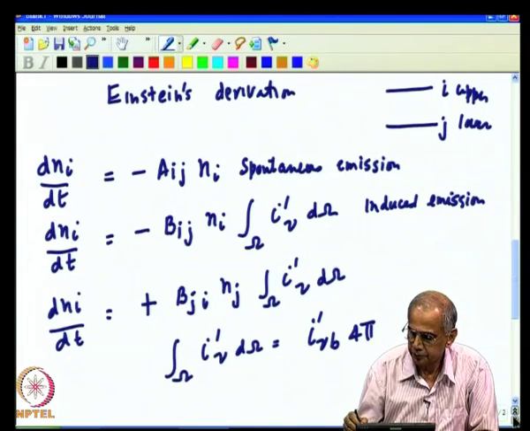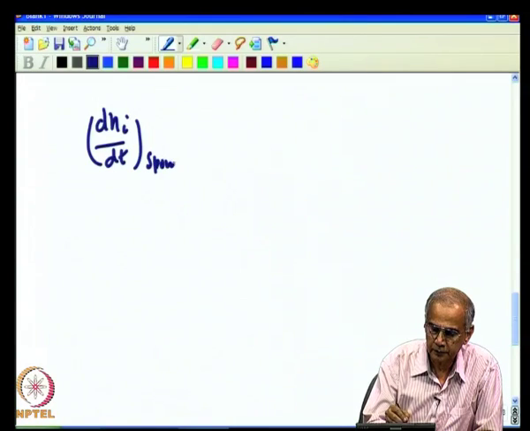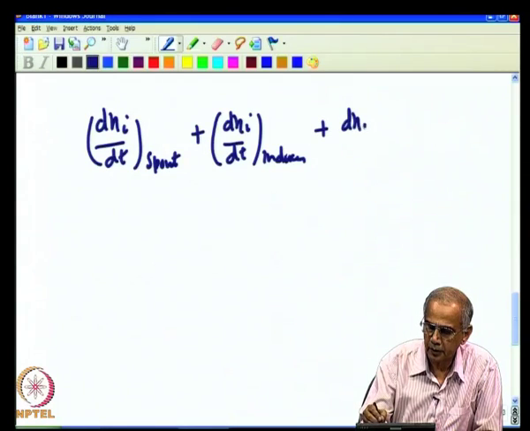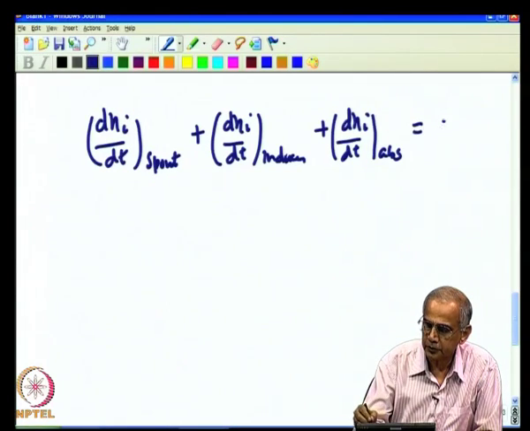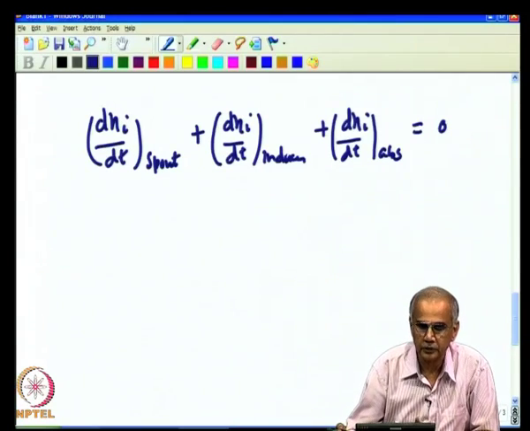So, we are going to assert that dNi dt spontaneous emission plus dNi dt induced emission plus dNi dt absorption is equal to 0, because in steady state the number of molecules in any level does not change.